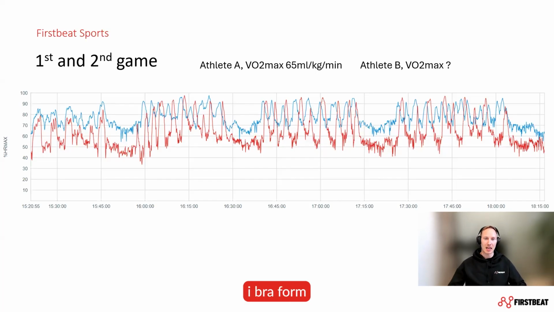So athlete A had a VO2 max of 65 milliliters per kilogram per minute, and for athlete B it was unknown. When we look at the first game heart rate chart, we can clearly see that the red athlete, athlete A, is clearly recovering better between the shifts than athlete B, the blue athlete in this case.